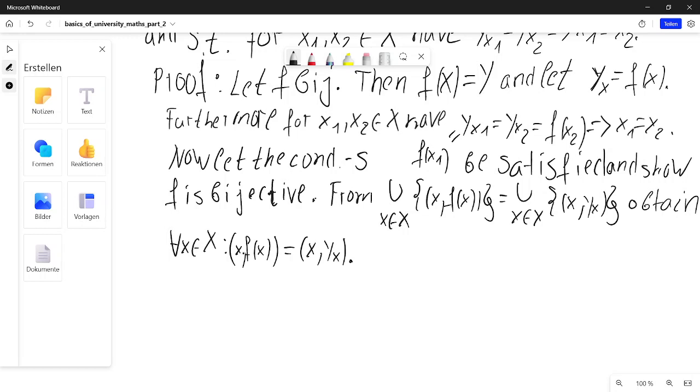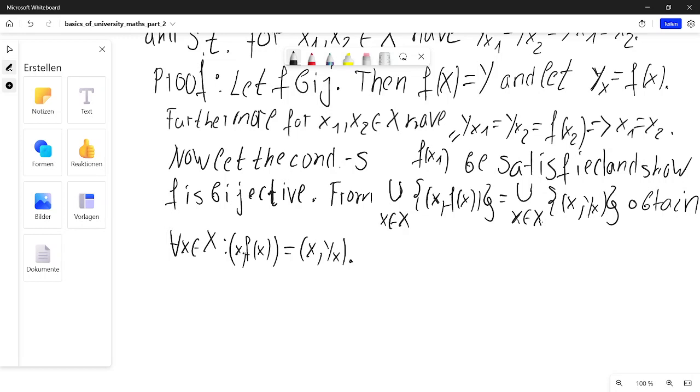Why is that? Well, that's simple. If we assume that this equality holds, then each such object is in this set, but pairs are only equal when both elements in the pairs are equal, right? And the equality could not hold if the x's would be different, because then the pairs couldn't be equal since the first elements are not equal.